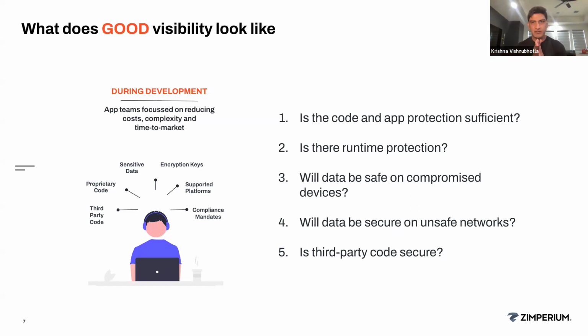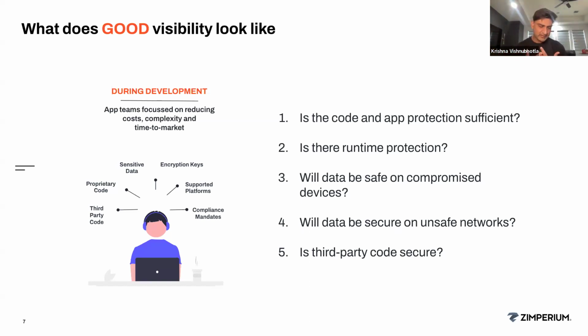But what we fail to see in a lot of enterprises is a solution that gives them visibility into whether my mobile app was sufficiently protected, and what happens to my app once it leaves my building, right?